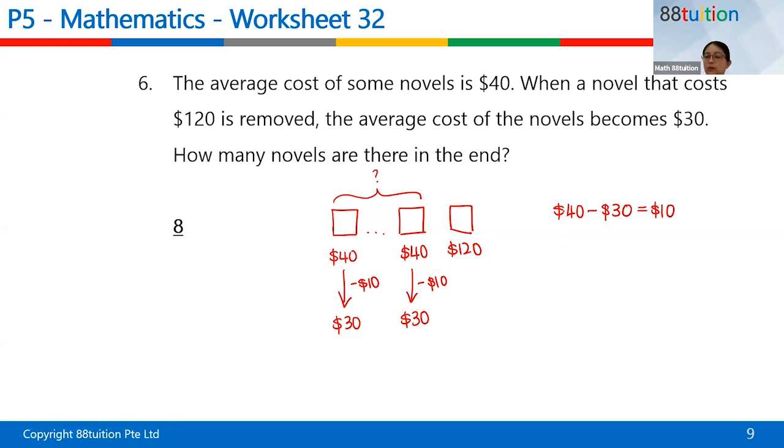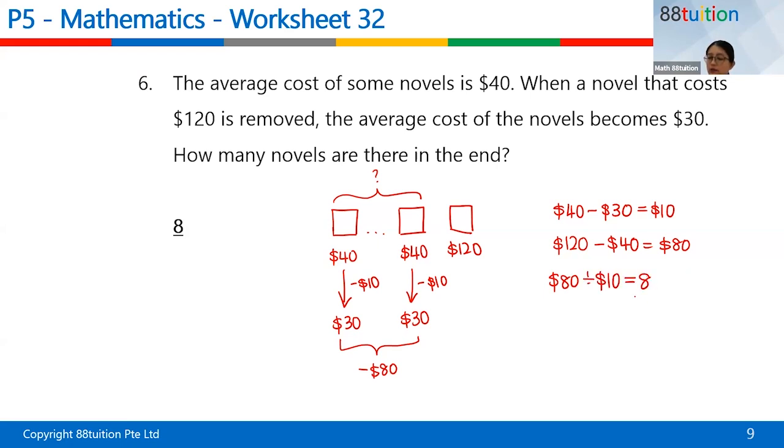So, when you remove this, what you're actually doing is taking away $80. Since you reduce $80, but this whole thing here, technically, you're supposed to reduce $80, right? So that's why we take 80 divided by 10.